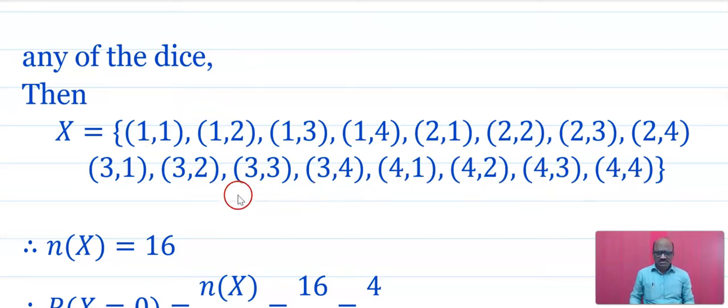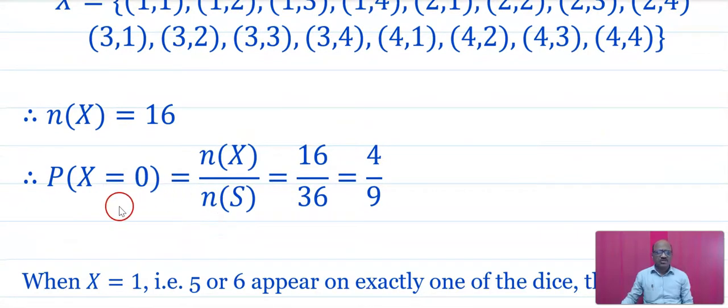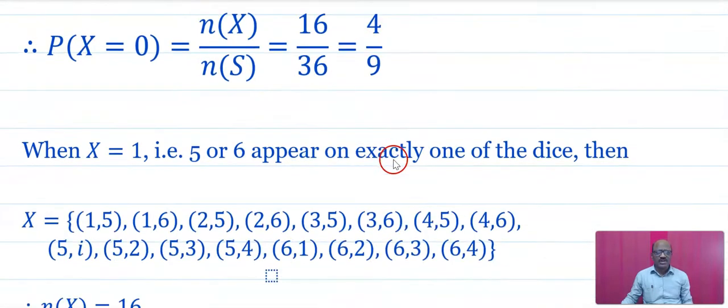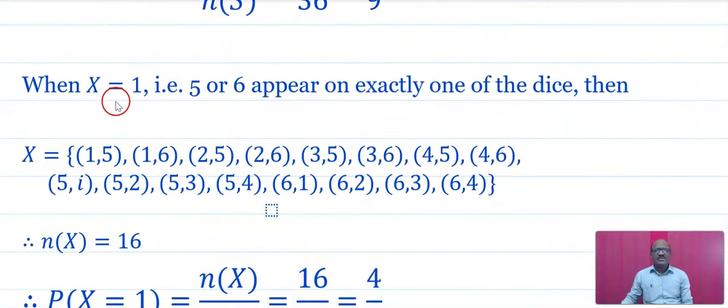And therefore n(X) is equal to 16. Then what is its probability? That is, no number on both dice is greater than 4. Therefore, n(X) upon n(S) is equal to 16 upon 36, which is equal to 4 upon 9.